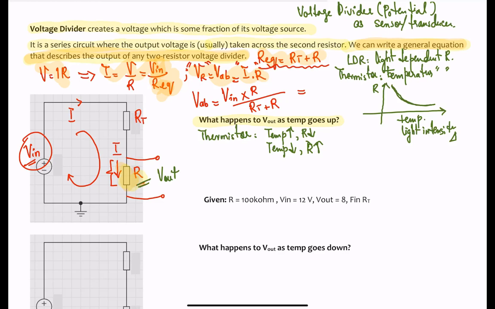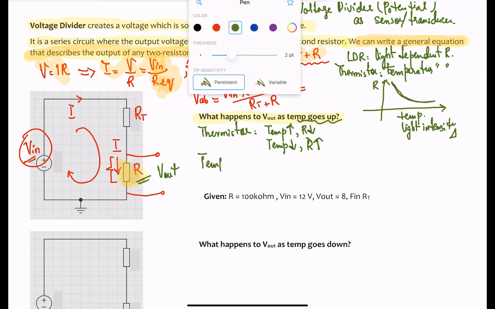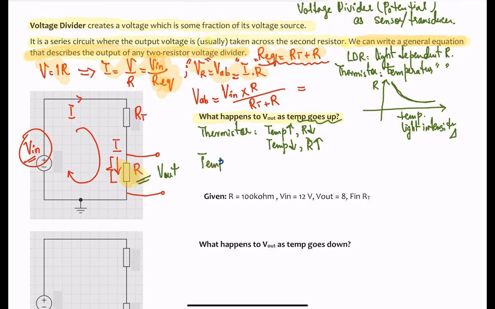So now let's consider a scenario where temperature goes up. When temperature goes up, we know that resistance goes down. Now notice, say this is your thermistor, which has a resistance RT.